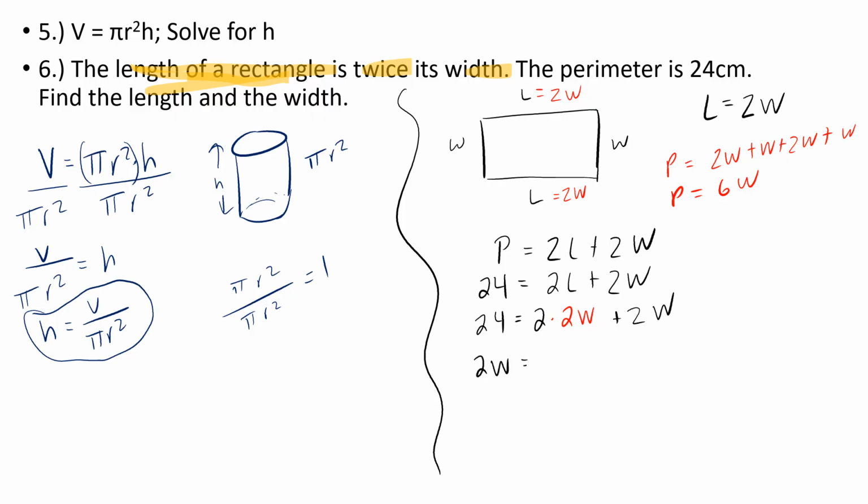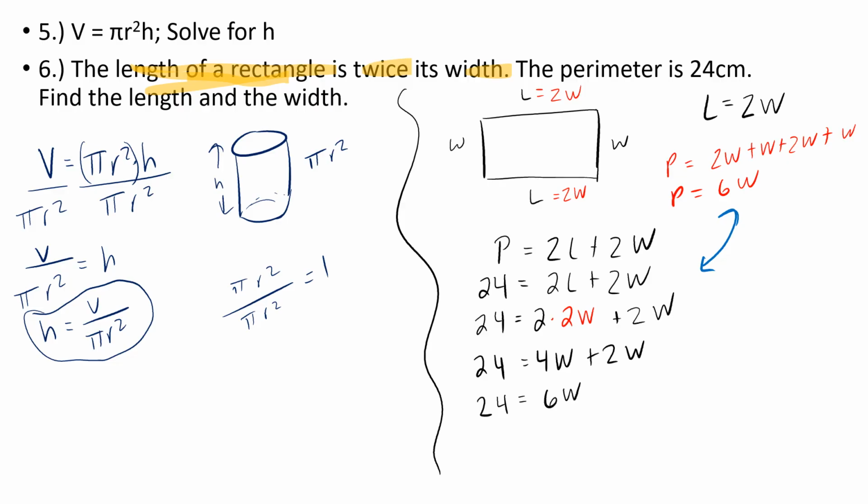And 2 times 2w is 4w. And 4w plus 2w is 6w. Okay. Either way is totally fine for how you'd want to come up with that.